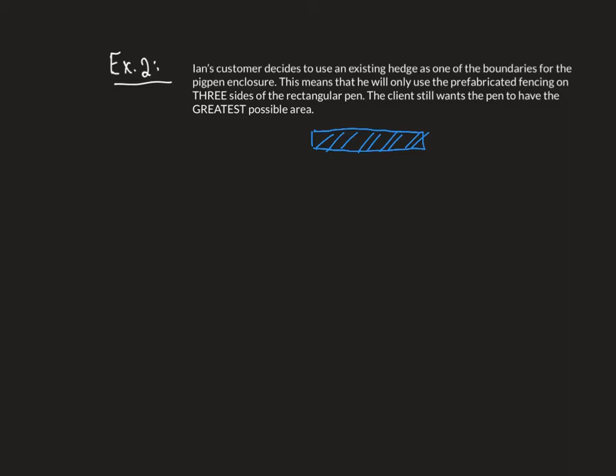This means he will only use the prefabricated fencing on 3 sides. So let's say on this side, this side, this side, and of course, this side is taken by the pre-existing hedge. He still wants to get a maximum area in this pig pen.